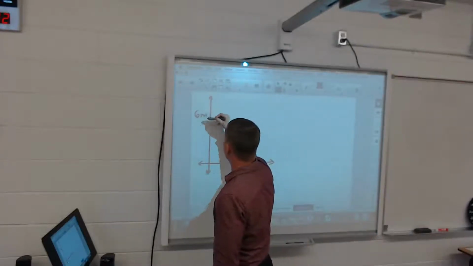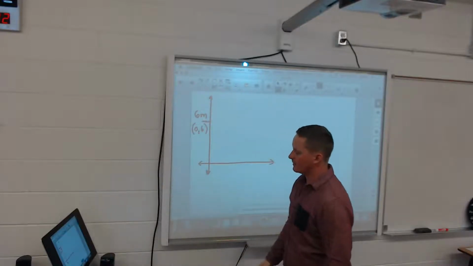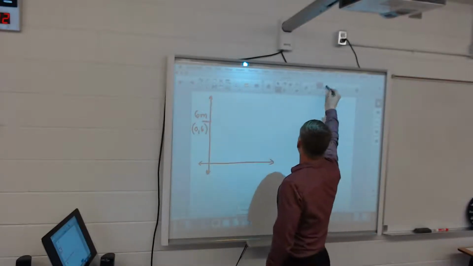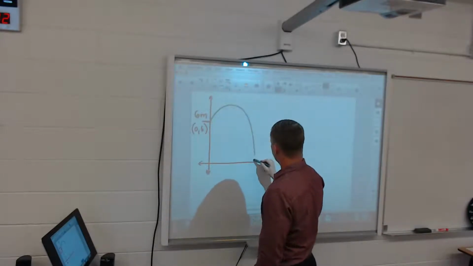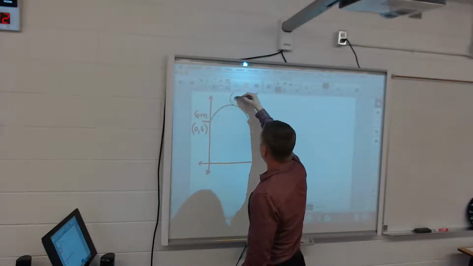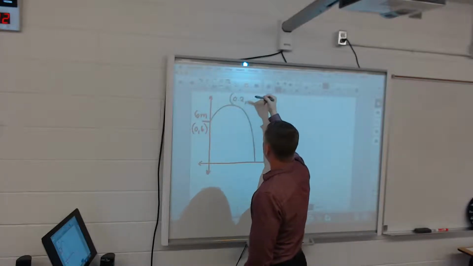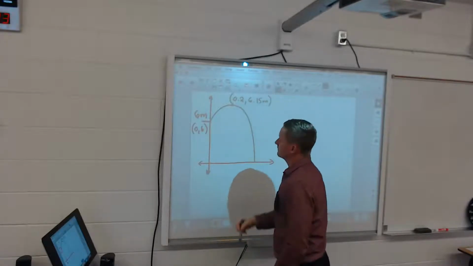So this is 6 meters. That means that at 0 seconds, I'm at 6 meters high. She jumps off the diving board. It takes her 0.2 seconds to get to 6.15 meters.